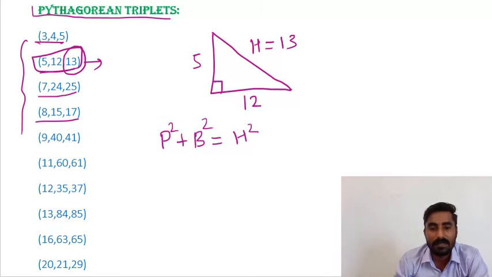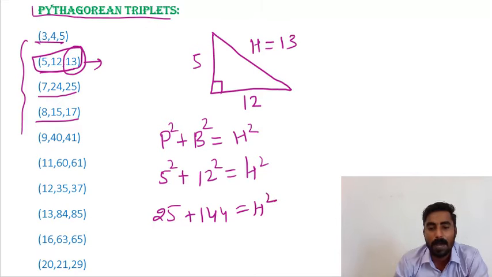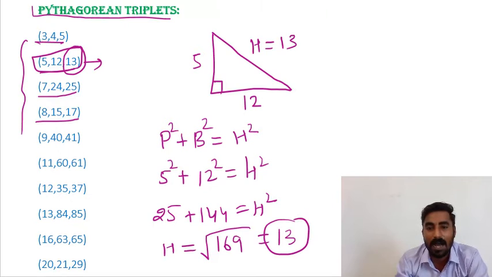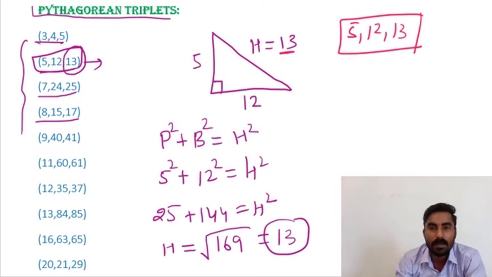So the square of 5 plus the square of 12 is equal to the square of the hypotenuse. The square of 5 is 25 and the square of 12 is 144. So the hypotenuse is the square root of 25 plus 144, that is 169, which is equal to 13. So the hypotenuse is 13, and 5, 12 and 13 are called Pythagorean triplets.